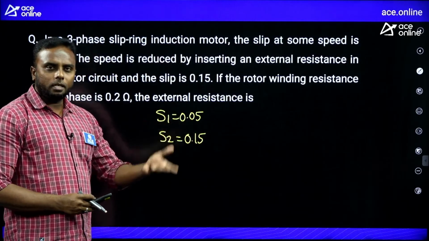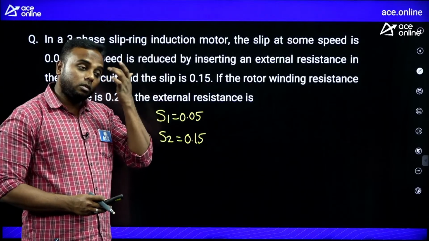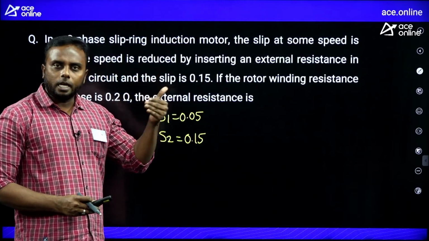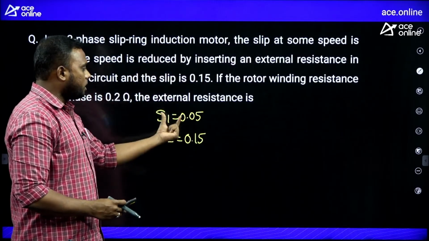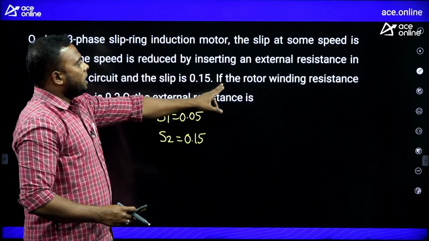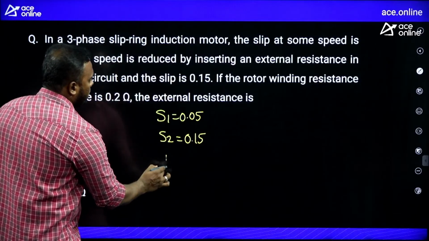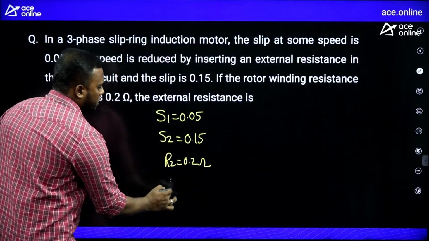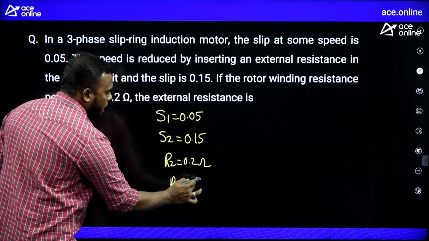Slip increase means speed decrease. Speed decreases because one of the speed control methods is rotor resistance control. When we add external resistance, speed will reduce. If the rotor winding resistance R2 is 0.2 ohm, how much external resistance is added?